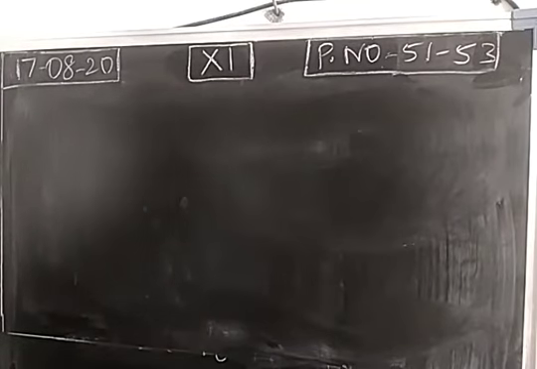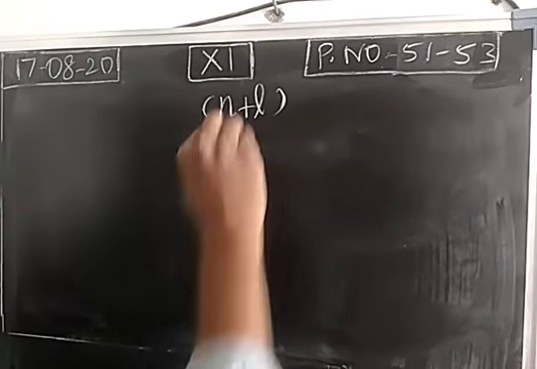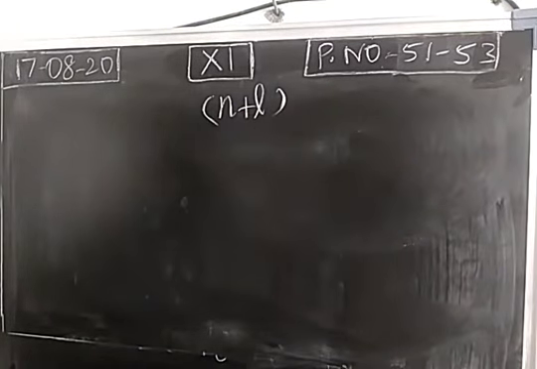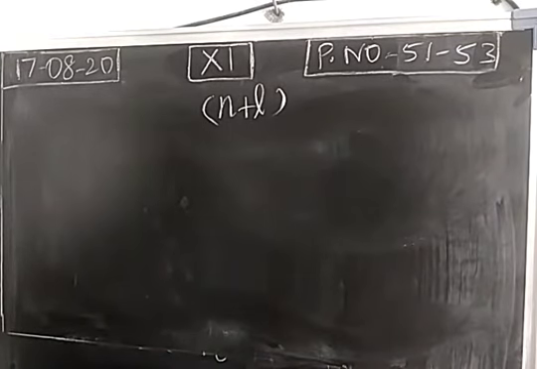So what is the order of energy of orbitals? For that we have a formula n plus l. When principal quantum number increases, that means shell is increasing from the nucleus, energy increases. This is a general concept. Exactly, we can find the order of energy of orbitals using the formula n plus l.